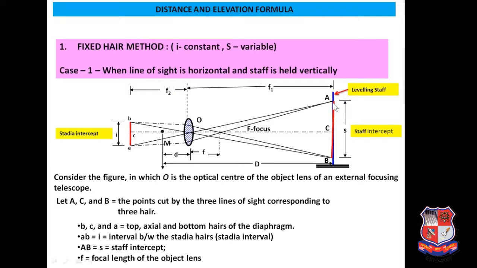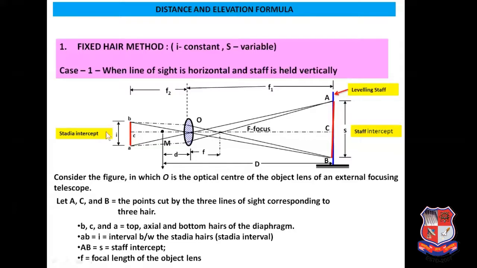You can see here, this is my capital A, capital C and capital B. So capital A means the ray that is cut at the staff, upper A; C means the central crosshair intercepting the staff, and B means the bottom ray that is intercepting the staff.